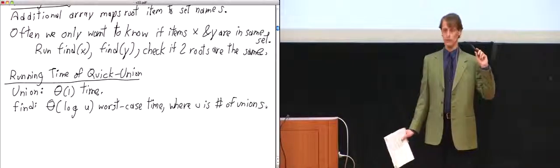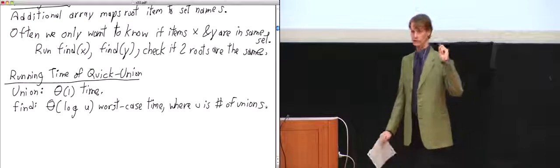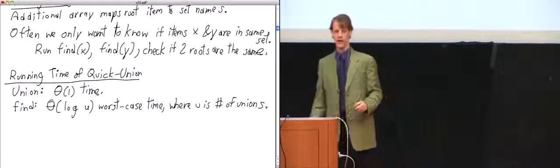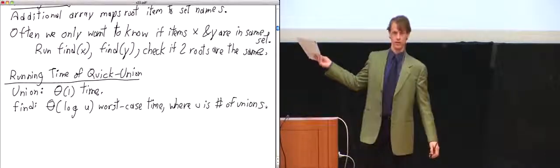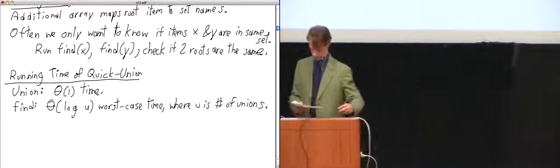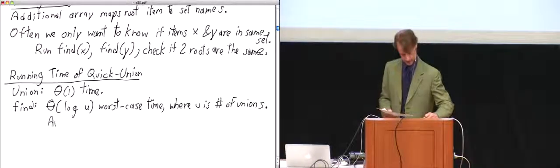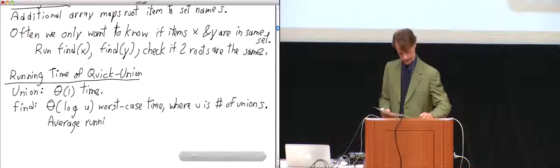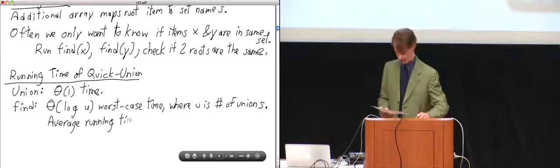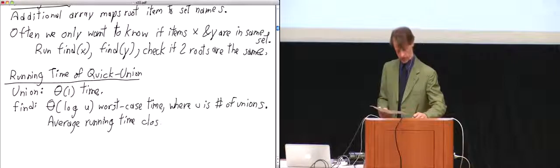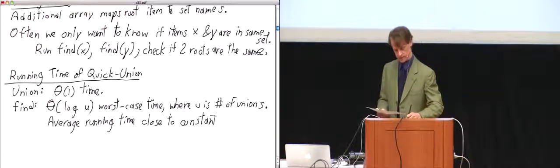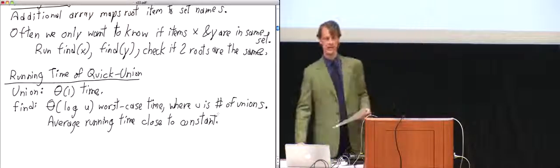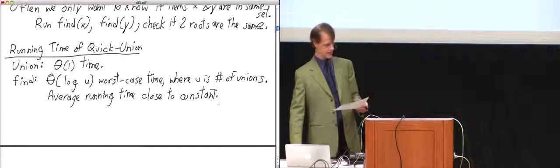And your TA will show you why again in discussion section. But the average case time is actually better than that because of path compression. And so the average running time is not going to be the same as the worst case time. It's going to be close to a constant. It's going to be so close to constant that it's almost a theoretical technicality that it's not really a constant.